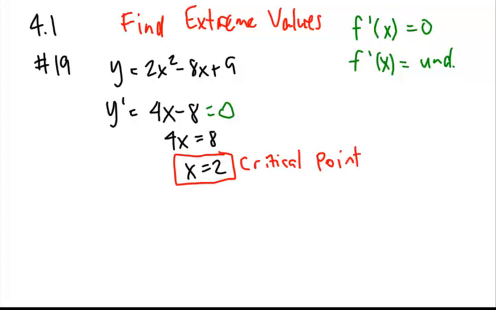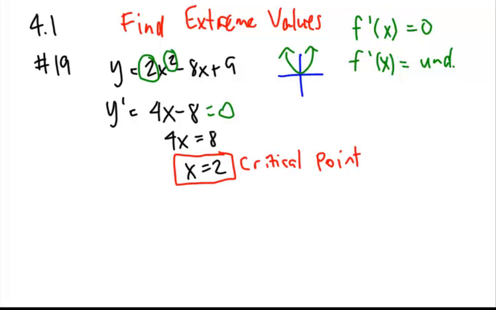On question 19, the directions say find the extreme value of the function and where it occurs. If we graph this, it doesn't have to be a perfect graph, but it's a parabola opening up, and we can tell from these two things right here. My critical point is at 2.